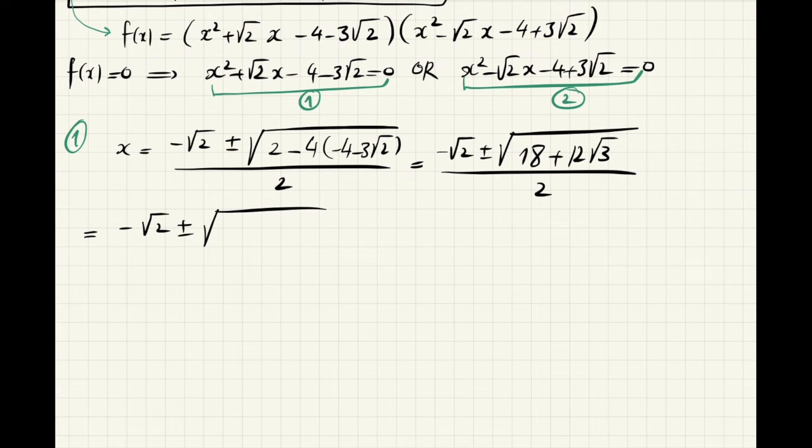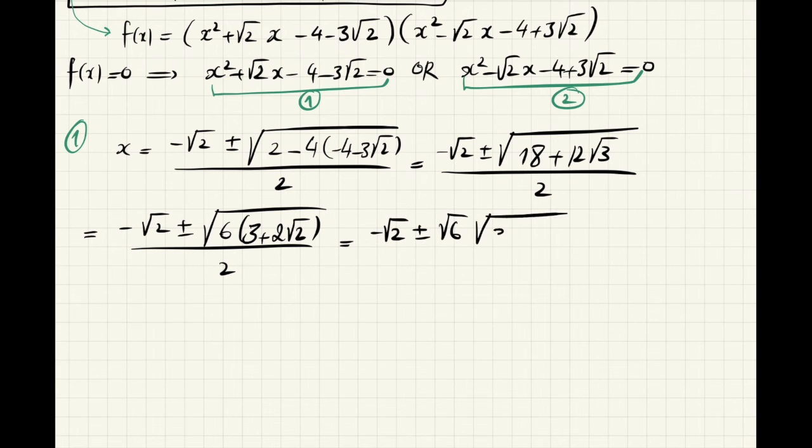I can factor a 6 out from these two, so this becomes 6 times 3 plus 2 square root of 2, and then divided by 2. But then I can write it as minus the square root of 2 plus or minus the square root of 6 multiplied by 3 plus 2 square root of 2.